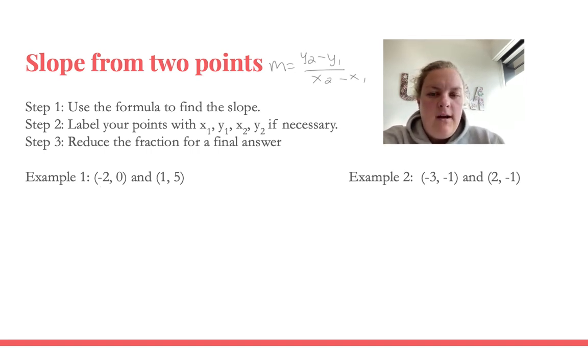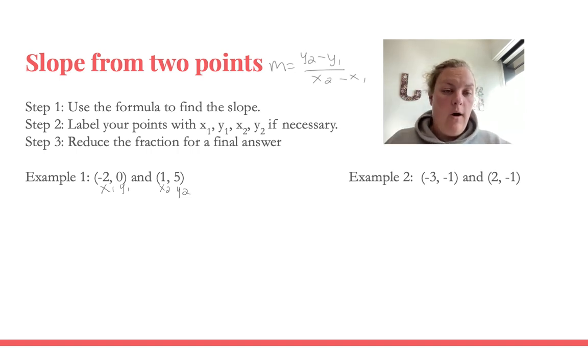I pick the first one and I make it x1, y1. And then I do x2, y2. It doesn't matter which one is x1, y1 and x2, y2, as long as you keep the 2's together and the 1's together. And I'll show you how you can reverse those in the next one.